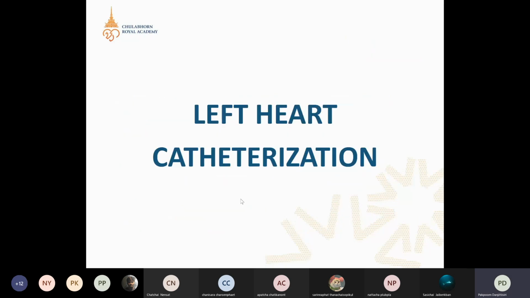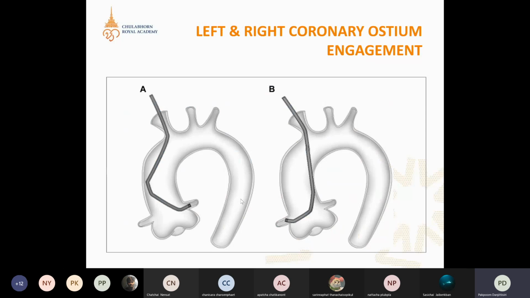Let's talk about left heart catheterization. When a doctor is going to do coronary angiography, we can say the doctor is doing left heart catheterization, because the doctor will insert the catheters inside the artery and go to the aorta, which is a part of the left side of the heart.